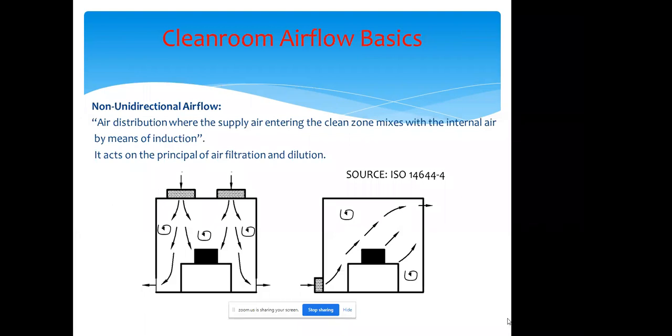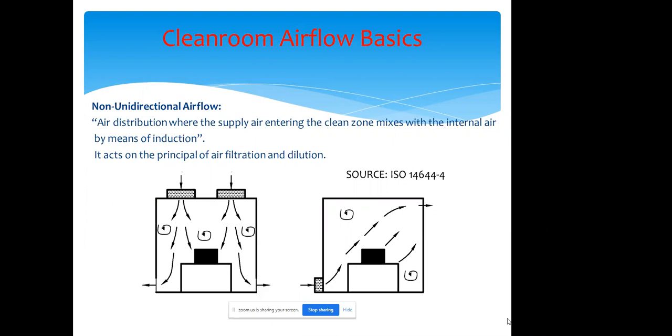So how do we achieve the cleanliness of that space that you are designing? All particles or most particles are suspended in the air. So you have to figure out a way of getting rid of the particles, which is through airflow. In this picture that you are seeing right here, you have a type of clean room that has a non-unidirectional airflow, meaning you can have air handlers up on the roof of your room.